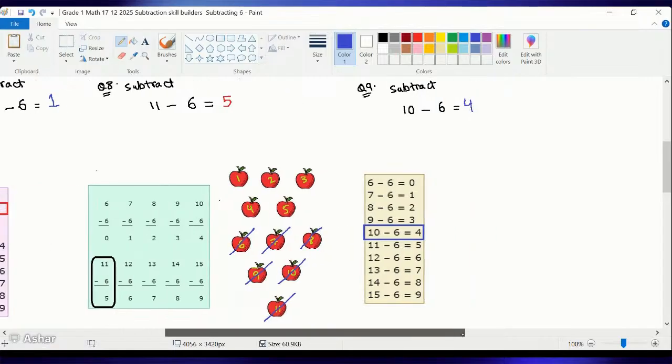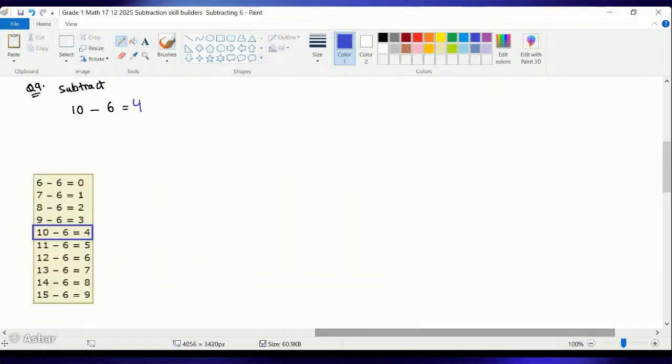Very good. Let's look at another example. The numbers which are 10 or less than 10, we can always count on our fingertips. The next question says subtract 8 minus 6. So what should be the answer for this? Can anyone give me an answer?